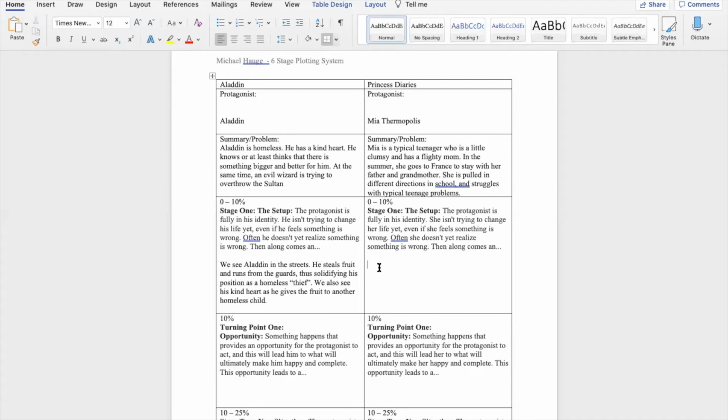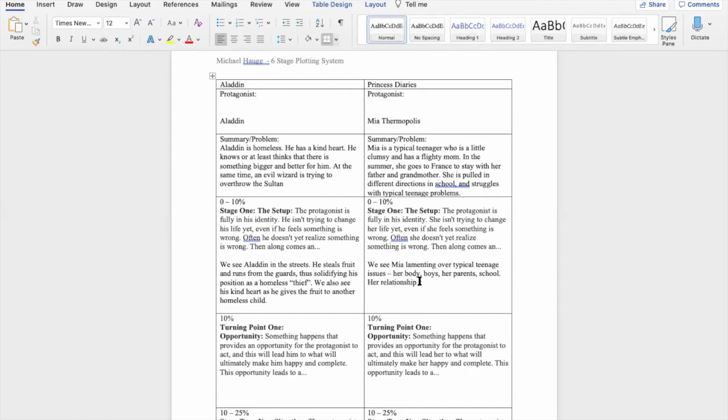Now, if we go over to Princess Diaries, right? Again, it's a little harder to do because it's written in diary format, but we see Mia lamenting over typical teenage issues, her body, boys, her parents, school.